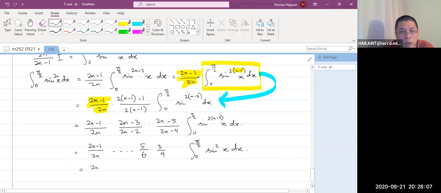And this is 2n minus 1 over 2n, and so on, 5 over 6, 3 over 2, and then the one inside here, that's 1 minus cosine 2x over 2 dx.